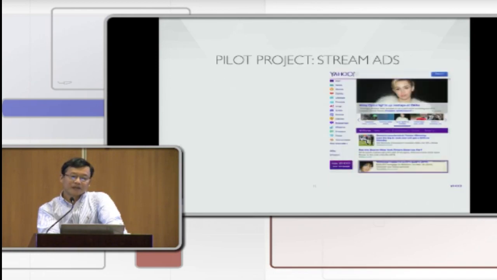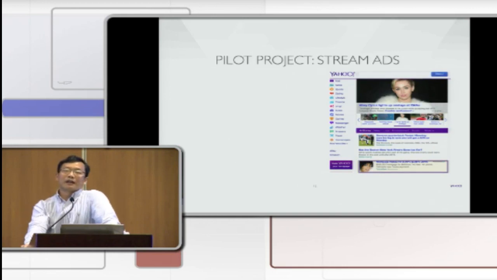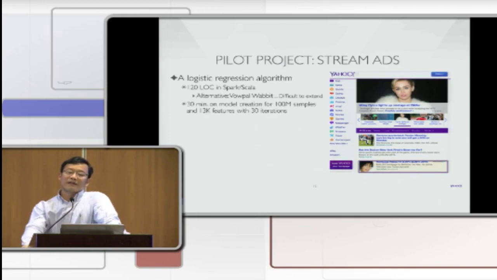Here's another one. As I mentioned earlier, we have streaming modules in our home page. Among them, in addition to the content, we have some ads. For those ads, what we have now in production is a VW-based logistic regression algorithm. For people who know VW, it is a very powerful logistic regression library one could use.